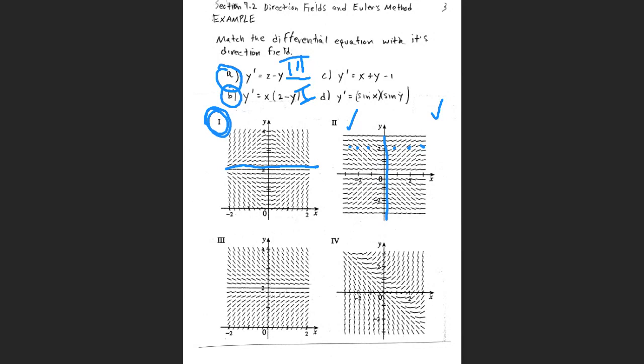Let me go into the ebook now. Let's explore a little bit more about section 7.2 in our last 10 minutes of class here. Okay, so let me bring this up in the ebook, section 7.2.